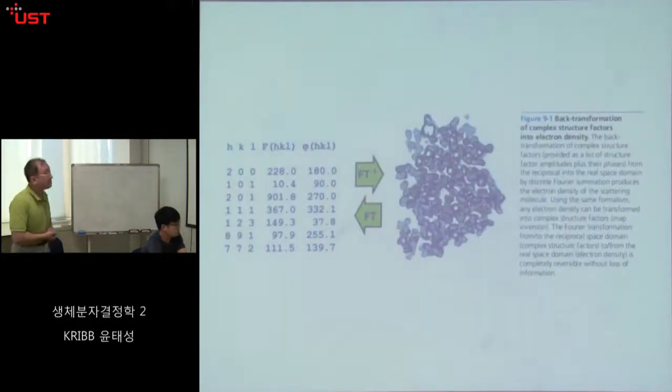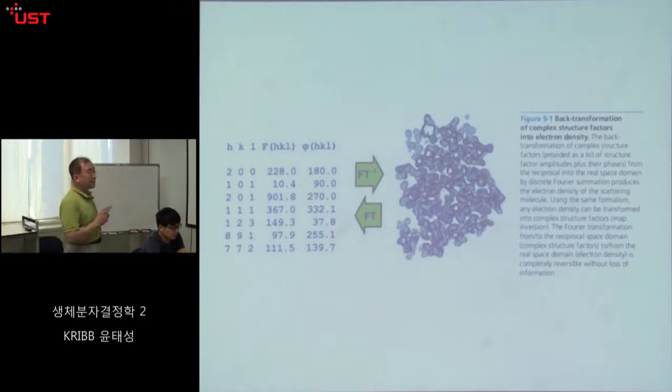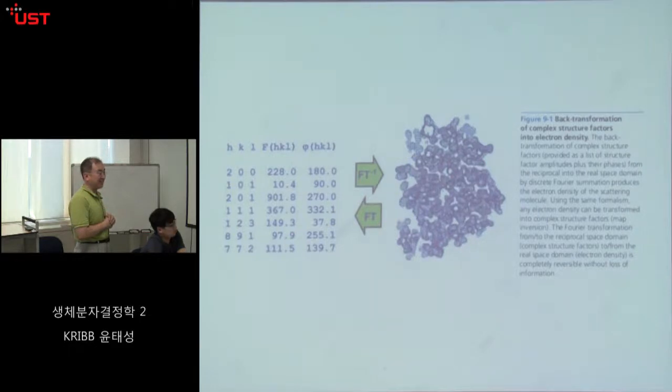Starting with here. We talked about this picture. What's on the right side? Electron density in quanta form, three-dimensional quanta form.